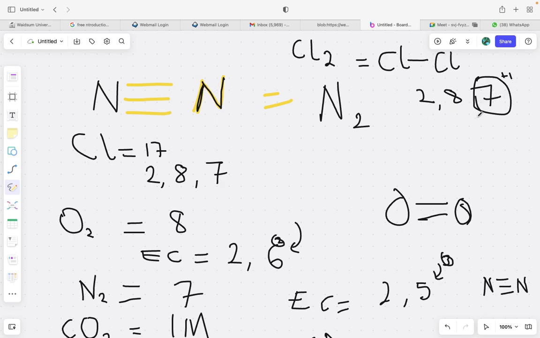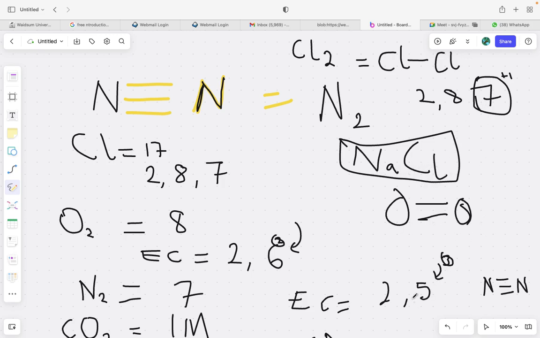Sodium has one electron that it can give to chlorine. That's why they can form sodium chloride. Sodium has one electron to give to chlorine that is looking for one. Then they form ionic bond, sodium chloride, the common salt we use.